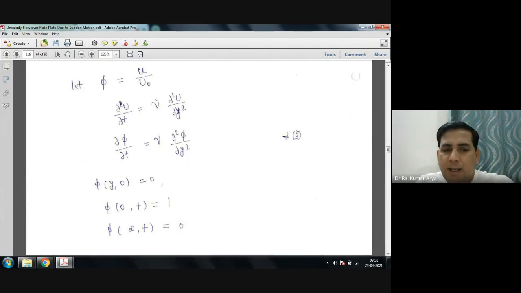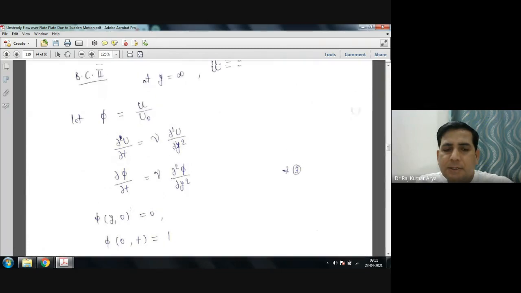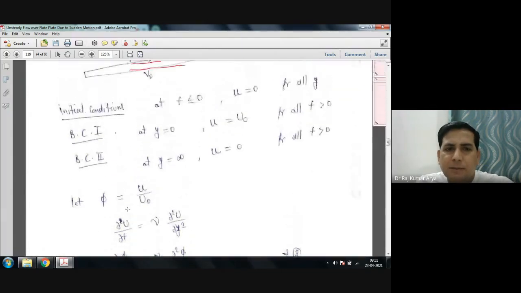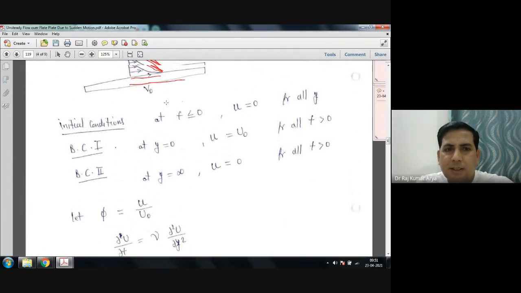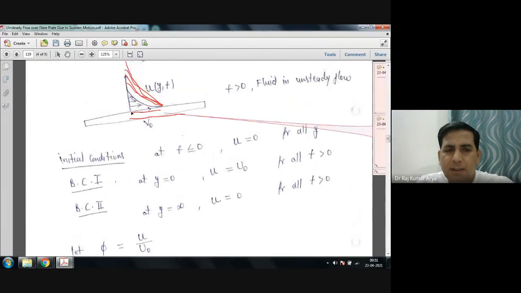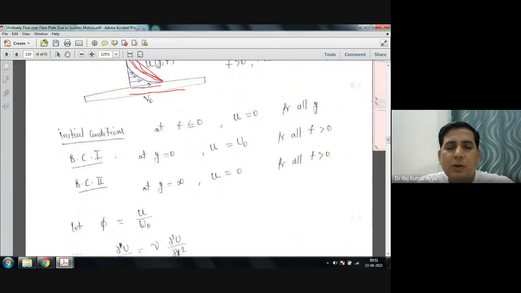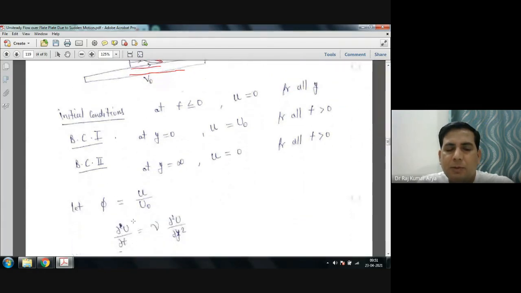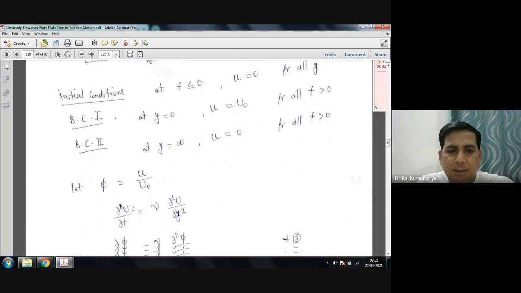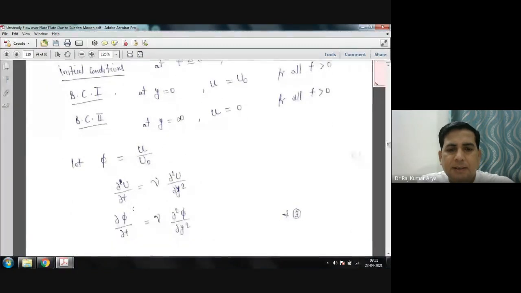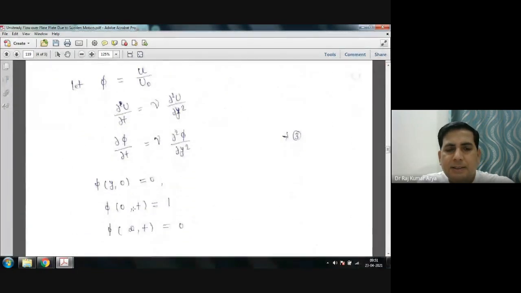At y equal to 0, you are at the plate, just like here. For that case, the velocity of the fluid would be maximum. That would be u naught, divided by u naught would be 1, right?